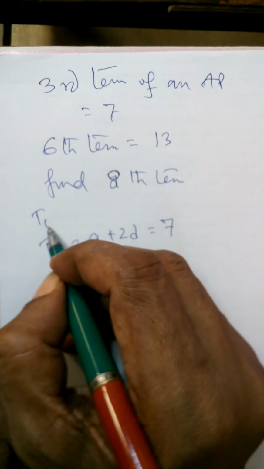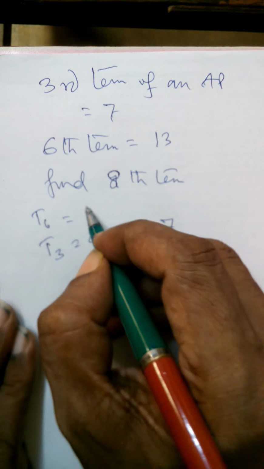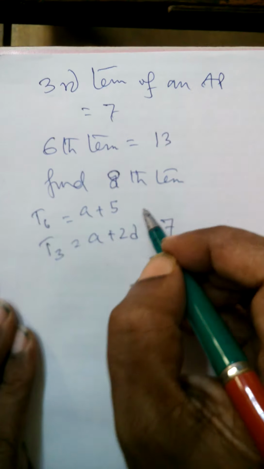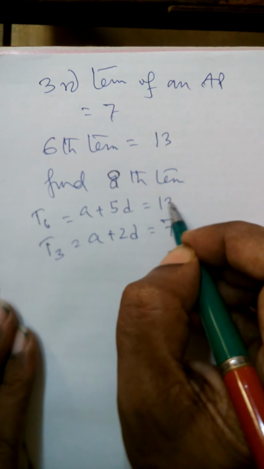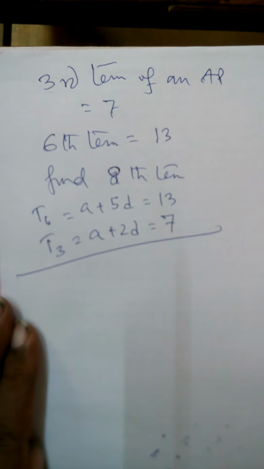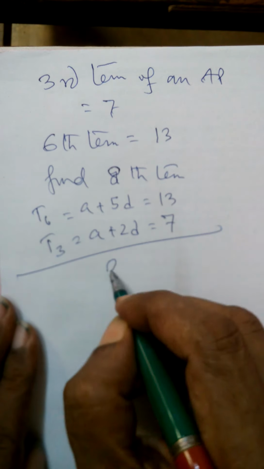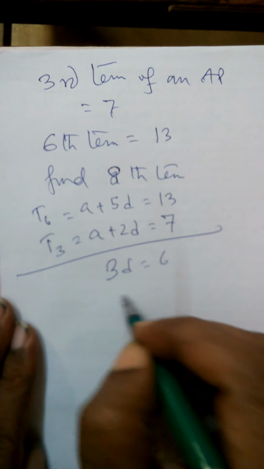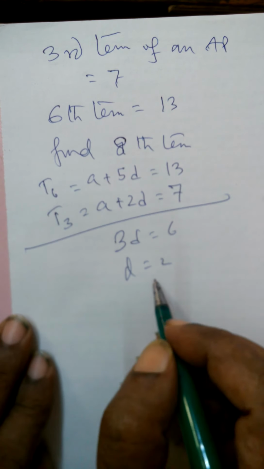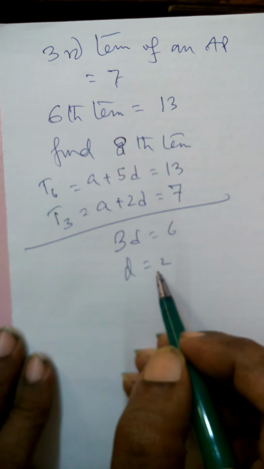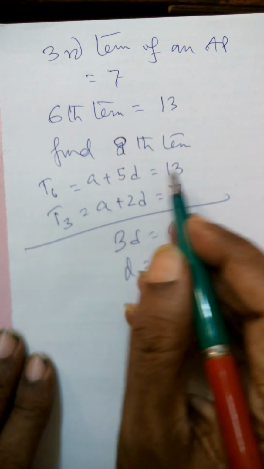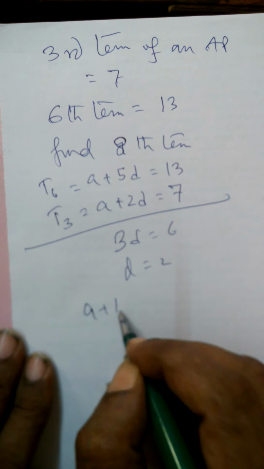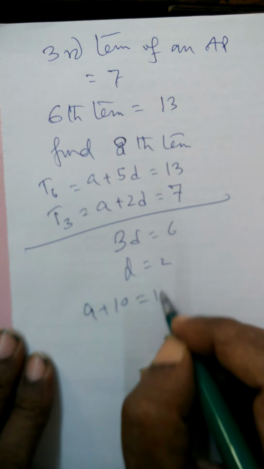And the sixth term T6, if I write, that will be a plus 5d, and that is given as 13. So we can subtract and very easily we can get the result, that is 3d is equal to 6 and d is equal to 2. Then we need to find out T8, but we need the first term also. So putting in the first equation, a plus 10, because 5 into 2 is 10, is equal to 13.